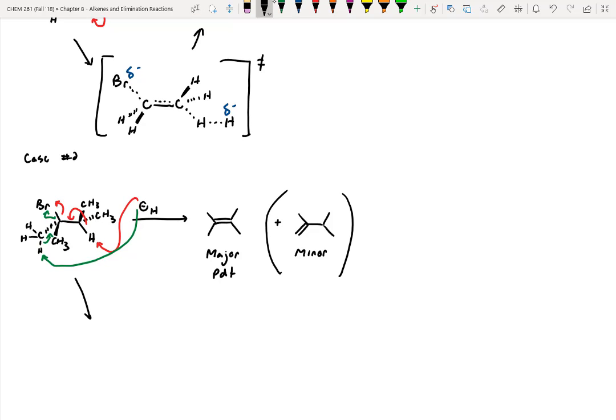Let's take a look at the bottom example. I'm going to focus on the major product. That's the one we're really thinking about most right here. So just like before, our bromine's going to fall off that central carbon. Our pi bond's going to form. Our anticoplanar beta proton's falling off, and our hydride's forming a new covalent bond.